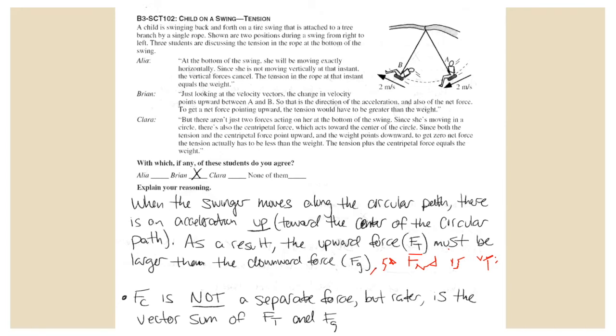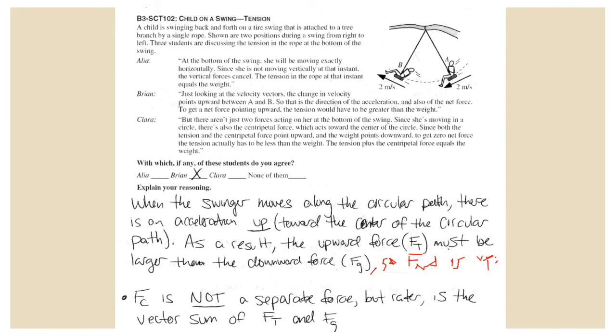And notice, Clara says another extremely fatally flawed thing, because what she says is that we're accounting for the tension and we're accounting for the weight, but we're not accounting for the centripetal force.